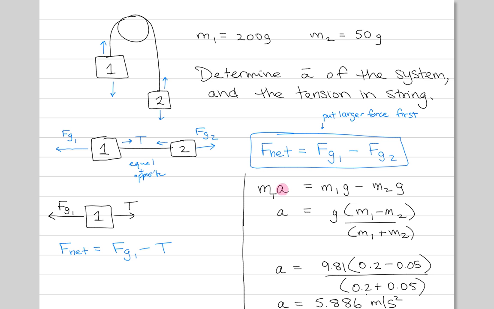And what are we trying to solve for? Now that we've determined a, we need to also determine the tension. So how do we solve for the tension? Bring the T over here. Let me just go back to blue. Bring the T over here, and you'll have Fg1 minus Fnet.